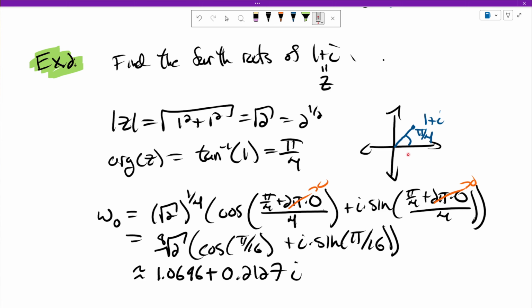Now, interestingly, let me just point out something before we go on to the other 3 fourth roots of 1 plus i. The modulus of w naught is the 8th root of 2. The 8th root of 2 is less than the square root of 2. And so we actually start off closer to the origin for our w naught.